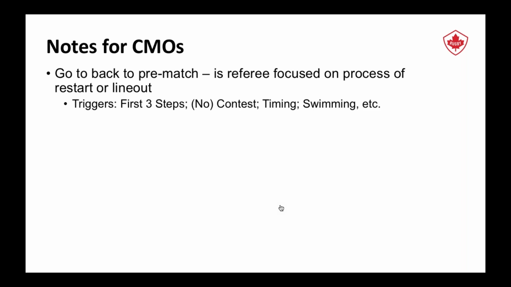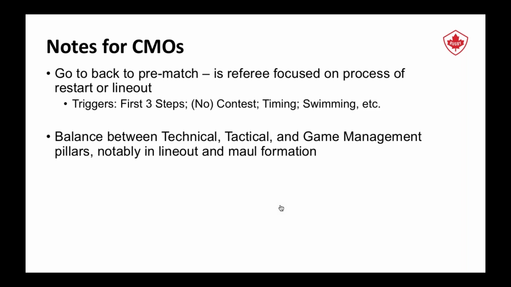And swimming, just that picture of players coming along the side of the maul to defend it, as opposed to through the middle. So this is what I alluded to earlier in the webinar, where we needed to find that balance between the technical, tactical, and game management pillars of our referee profile.